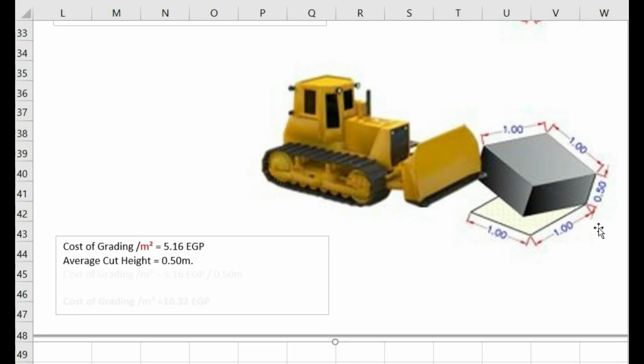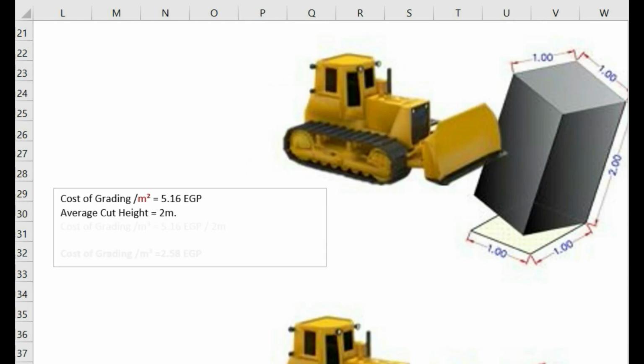If the height of the cube is 0.5 meter, the result is the same, 5.16 Egyptian pound. Whatever the height is, 1 meter, 2 meter, or 0.5 meter, this is in meter square.